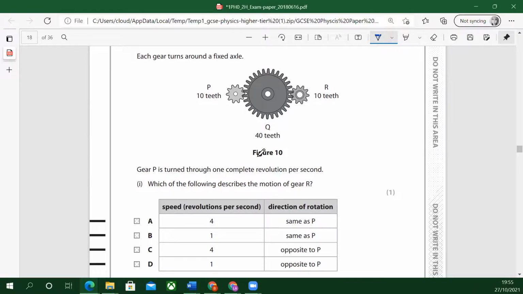Which of the following describes the motion of gear R? 10 teeth, 10 teeth, so it would be the same as P. They've both got 10 teeth. Put the X there.